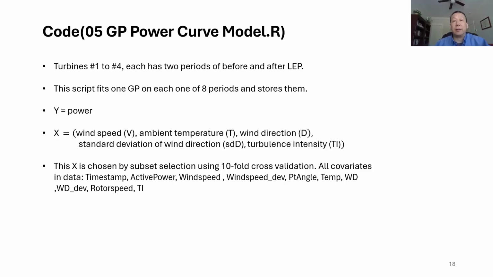If you use the rotor speed, it's almost like you can tell the power very, very accurately, which is not really an external variable. It's not really an environmental variable, right? So we exclude the rotor speed ahead of time. Otherwise, it's really the elephant in the room: once you include the rotor speed, you don't need anything else to predict the power, right? Right, yeah.